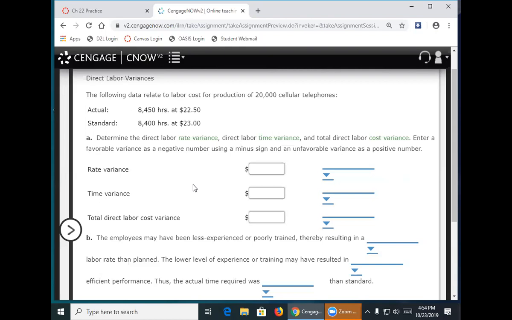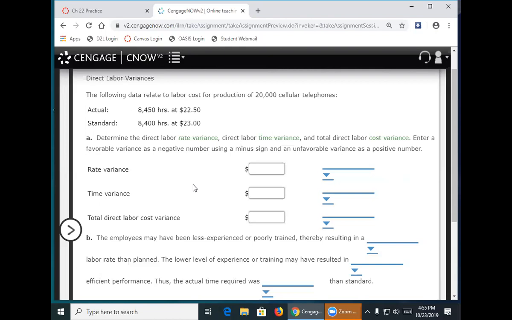So actual rate minus the standard rate. And then we're going to multiply that by the actual hours, 8,450. Okay. So actual rate minus the standard rate times the actual hours of 8,450.